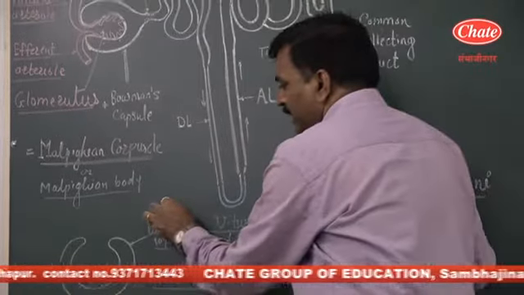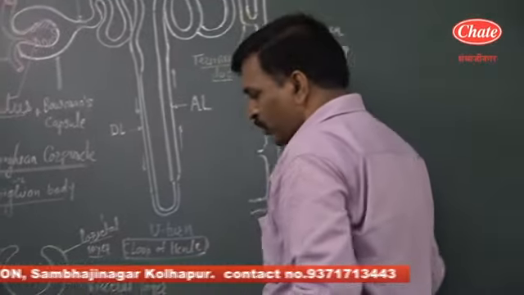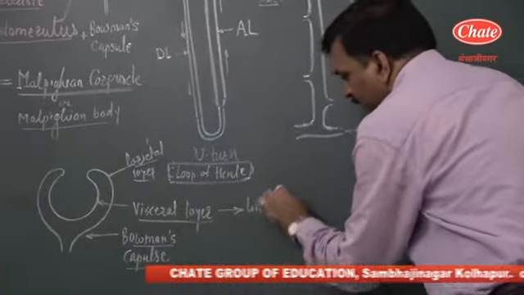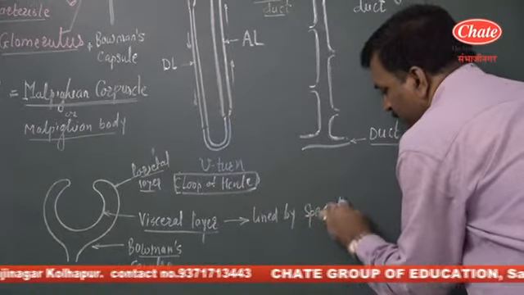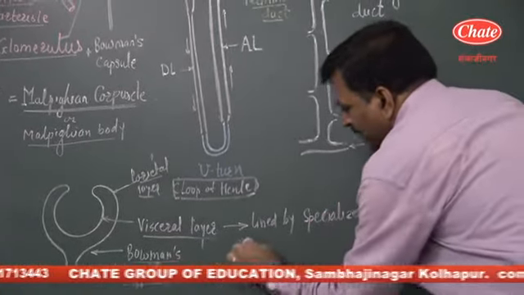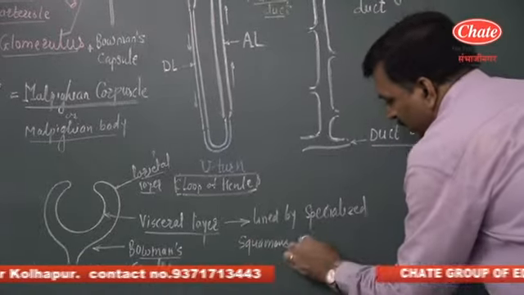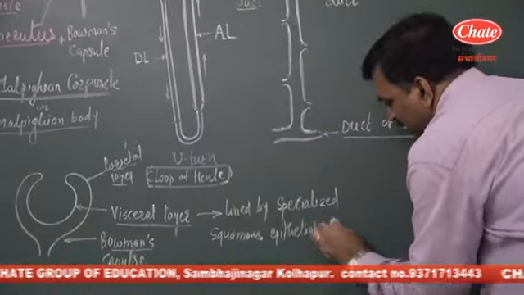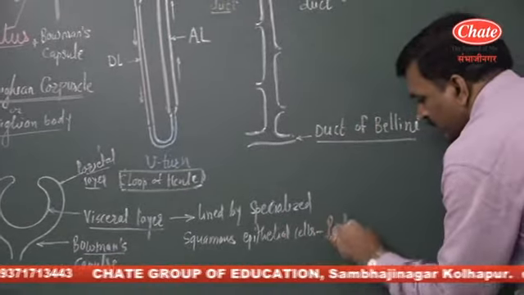The outer parietal layer is lined by flat squamous epithelial cells that provide protection, but the visceral layer is lined by specialized squamous epithelium, and these specialized squamous epithelial cells have a special name: podocytes.